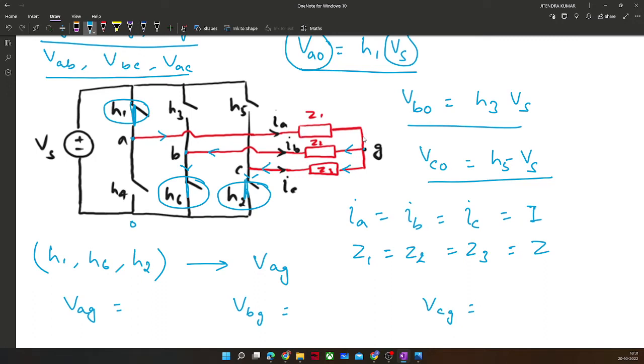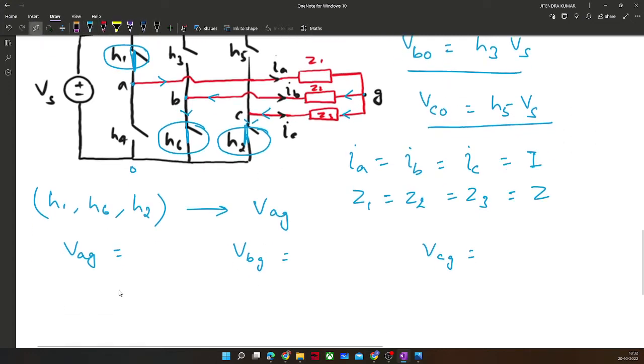To balance all the voltages, VAG plus VBG plus VCG is equal to 0. So when I is flowing through this path from G to B through H6 to the supply, the voltage drop would be here IZ, and the voltage drop would be here IZ.